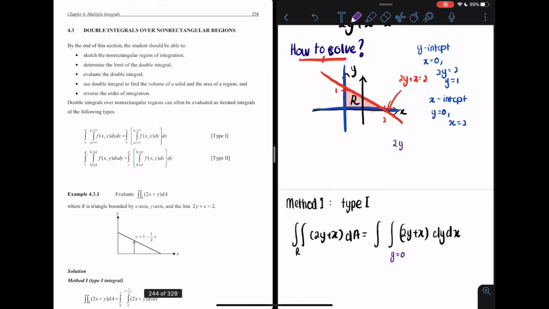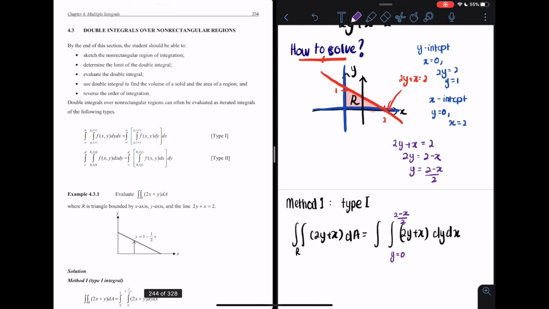So you have to do whatever it takes so that only variable y remains on the left hand side, and any variable that is not related to y, you have to put on the right hand side. I will get 2y is equal to 2 minus x, y is equal to (2 minus x) divided by 2. Therefore, the upper limit of variable y is (2 minus x) over 2.